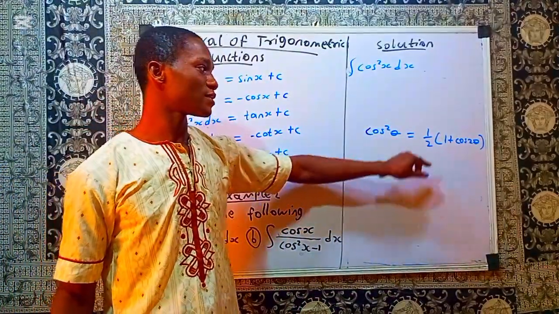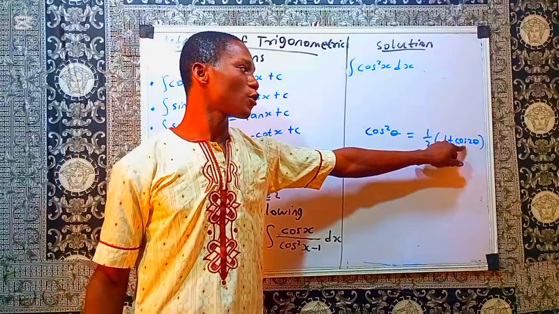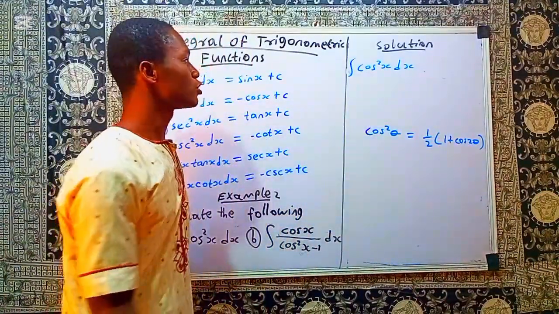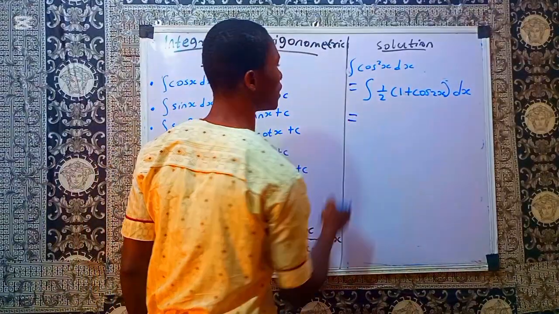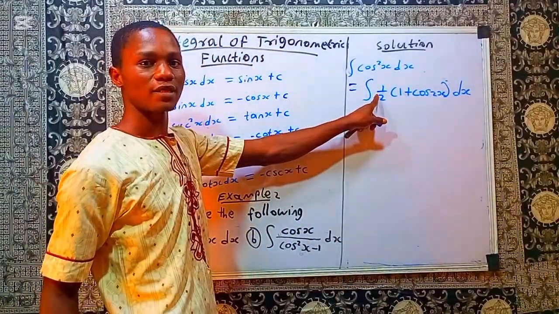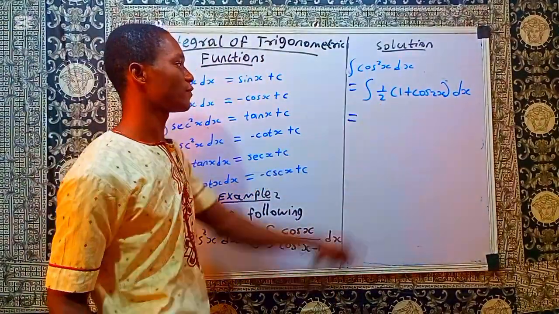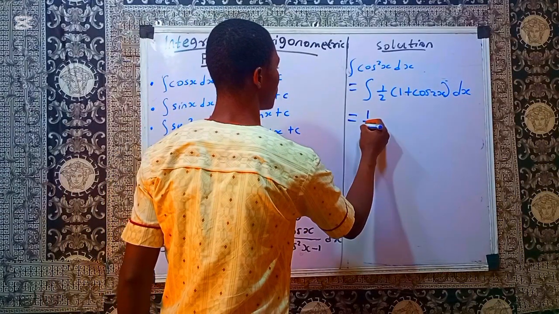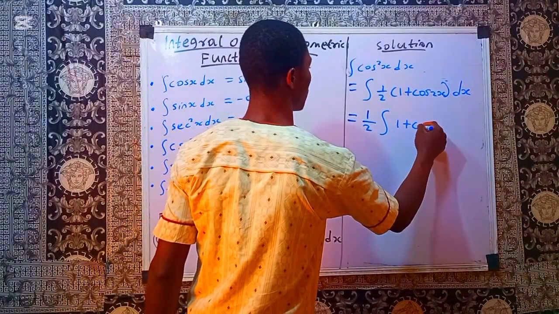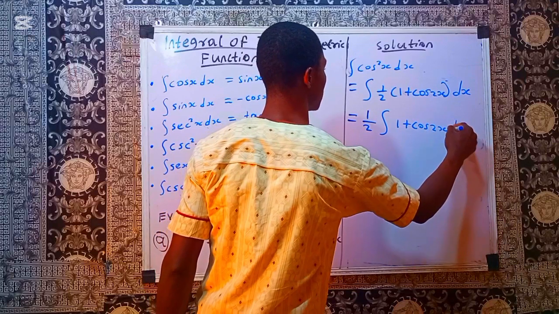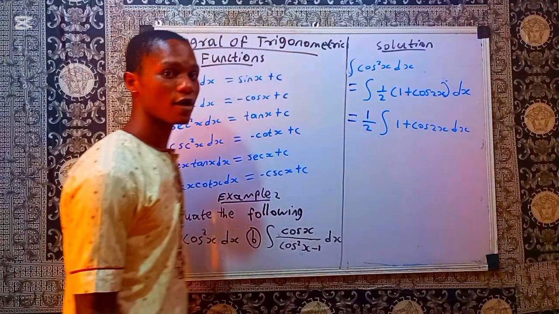Cos squared theta is half of 1 plus cos 2 theta. So I'm going to use that to write this. So I'm going to proceed. We can factor out this constant, this half. We have half of integral of 1 plus cos 2x dx. That's what we'll now have.